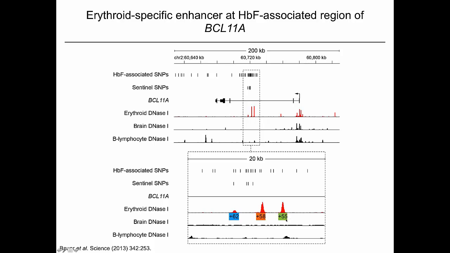And so zooming in, we could see there's 3 discrete DNase-1 hypersensitive sites listed here as 55, 58, and 62, which is based on their distance in kilobases from the transcription start site, each of which had overlying trait-associated variants. And other tissues which express high levels of BCL11A, like brain and B lymphocytes, had a paucity of this chromatin mark, suggesting that these sequences could have erythroid-specific regulatory potential.